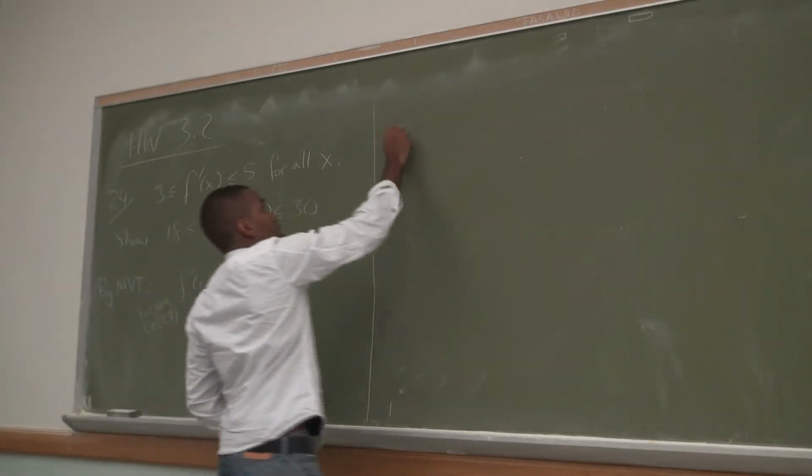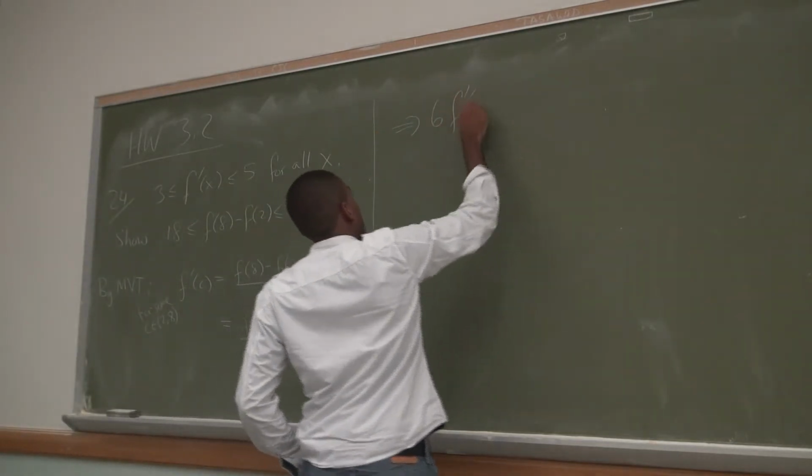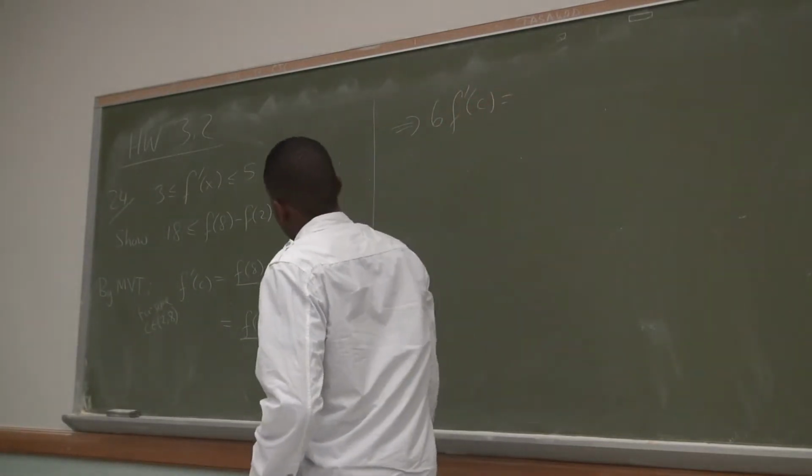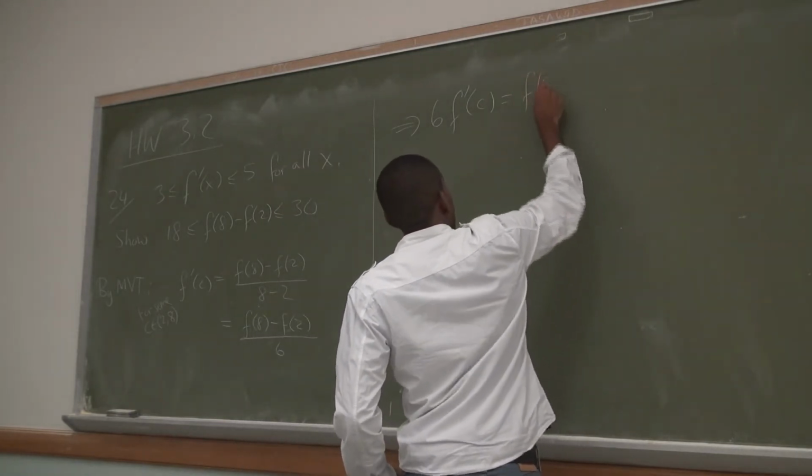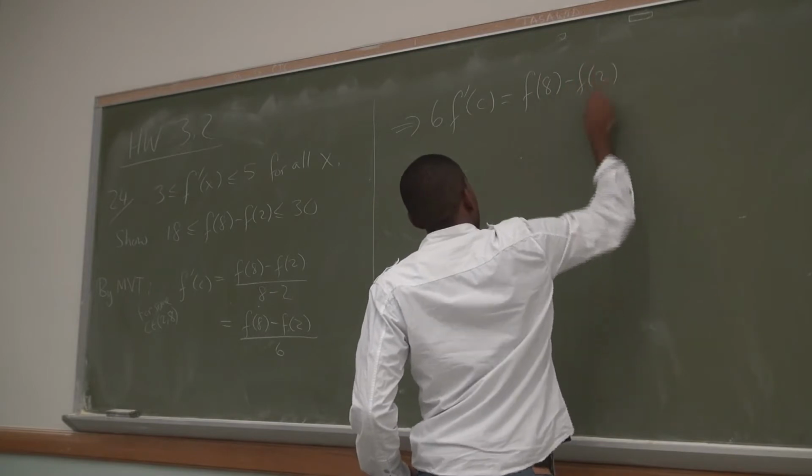So we know that here, 6 F prime of C is equal to F of 8 minus F of 2.